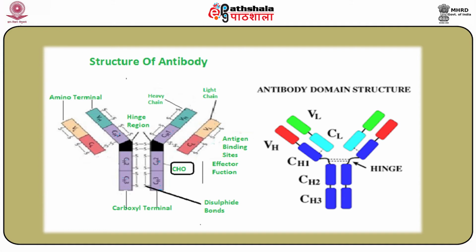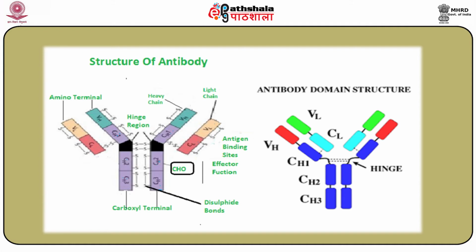This particular variable region of light and heavy chain is called CDR or complementarity determining region. It is the region which binds with antigen for recognition when it is a membrane antibody. After recognition is the activation of B cells and antibody is secreted by the plasma cells for other defense functions.